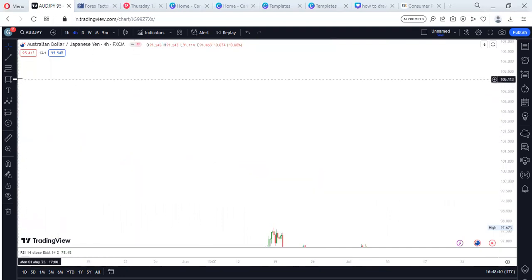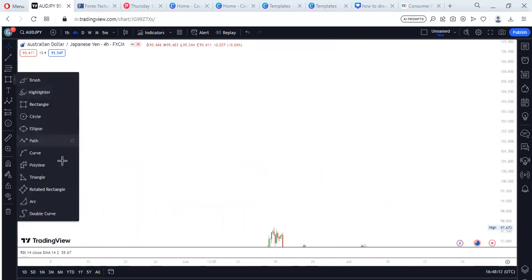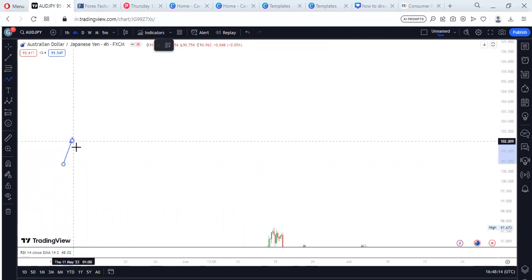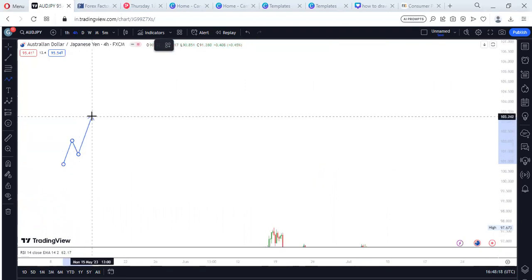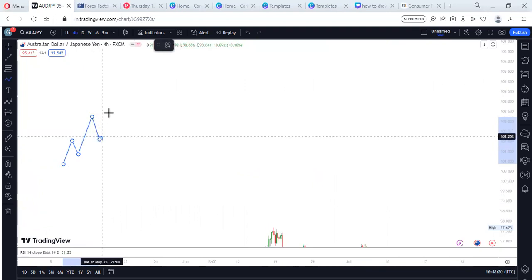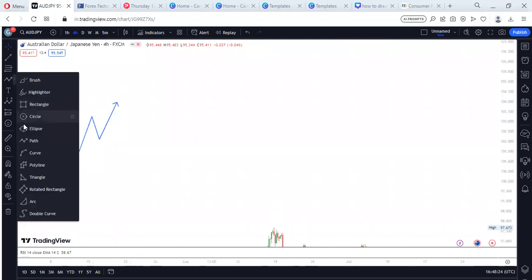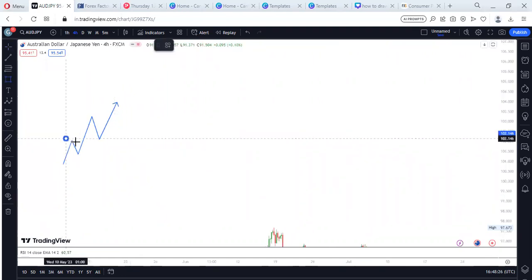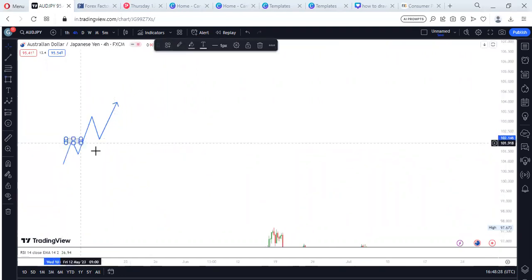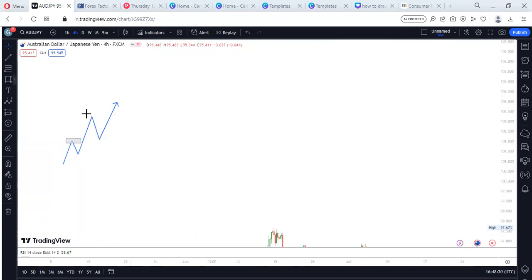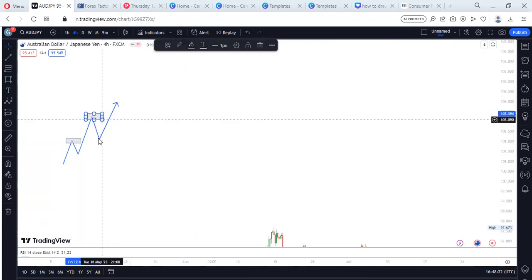So first of all, we have an uptrend, whereby the market is moving upwards, forming a higher low and a higher high. This is what I mean. Right here is a high, and this is a higher high, so this is an uptrend.